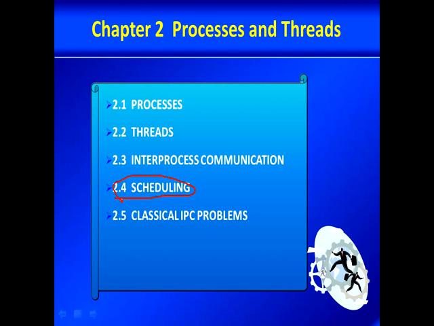And the third topic is about scheduling. For this section, you need to master how to apply the 4 basic algorithms onto a specific scheduling problem and get the right scheme, the right scheduling results and turnaround time.